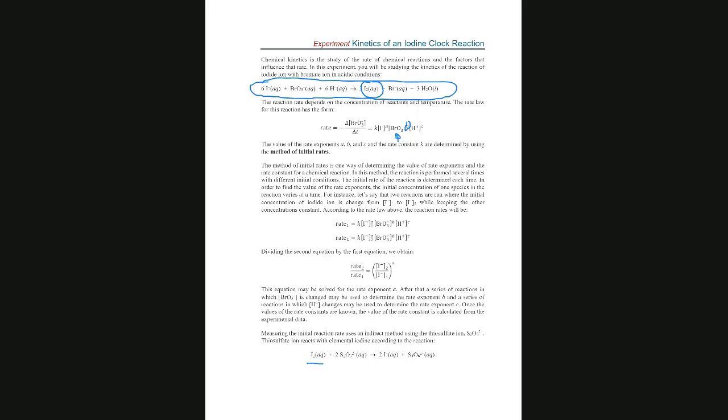As soon as all the thiosulfate is used, the color is going to show up. We will go over this step by step, but basically this is the first introduction. We are going to calculate the rate of the iodine using an indirect method.